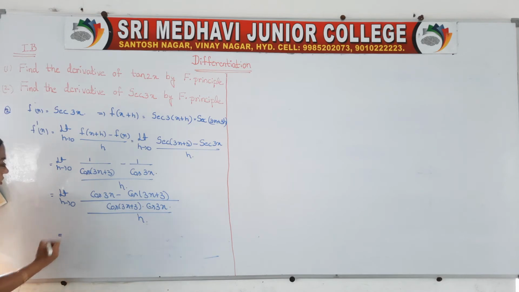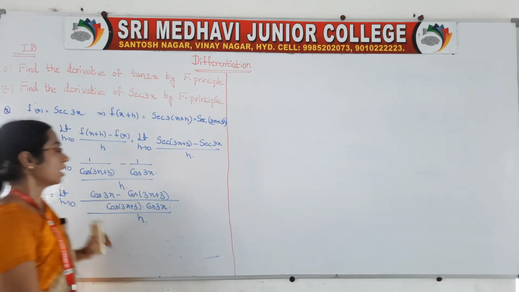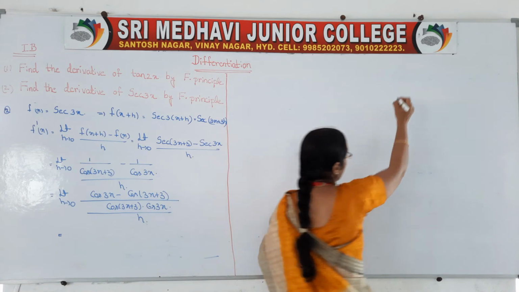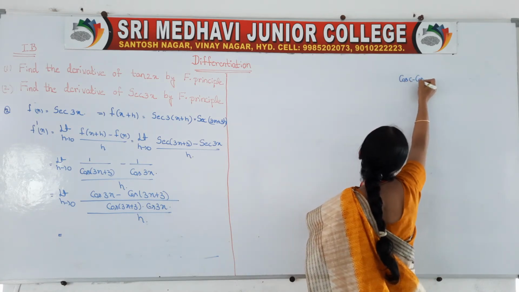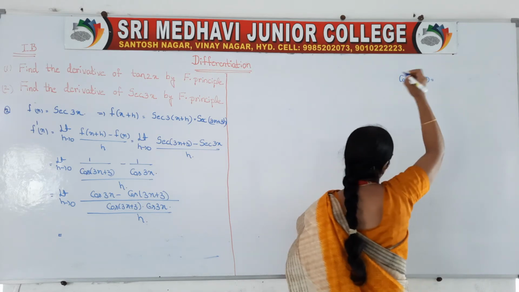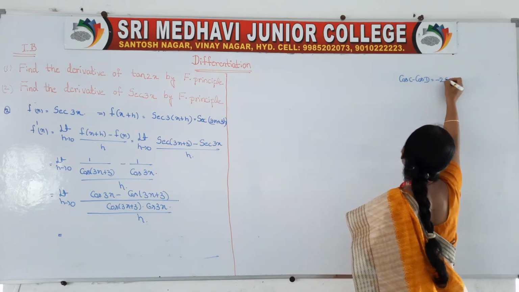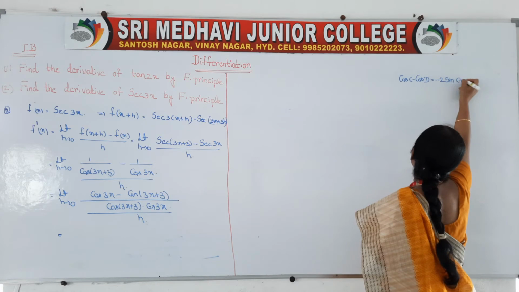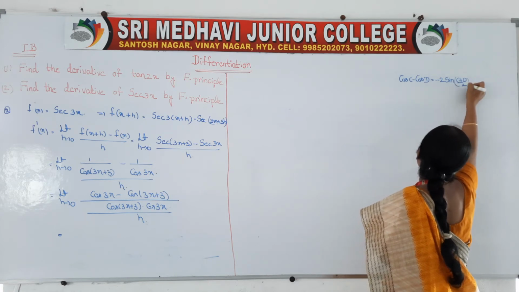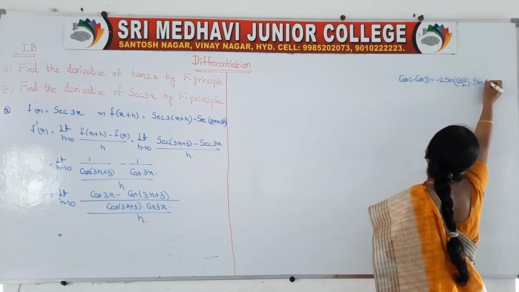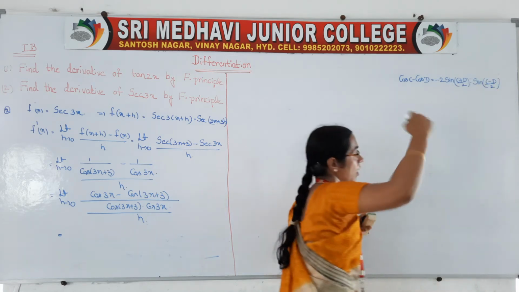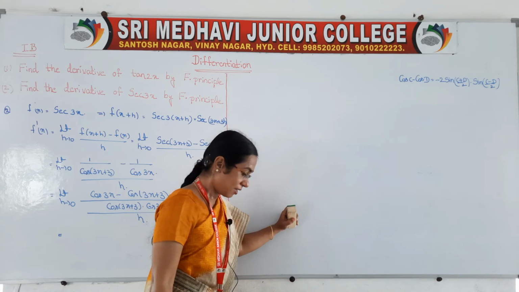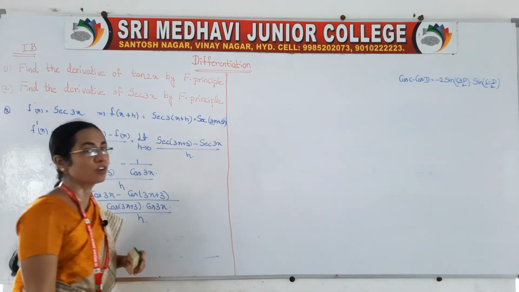So is equal to, and one more formula is there. What is that formula? It is cos c minus cos d is equal to 2 sin of c plus d by 2 into sin of c minus d by 2. This is the cos c minus cos d formula.